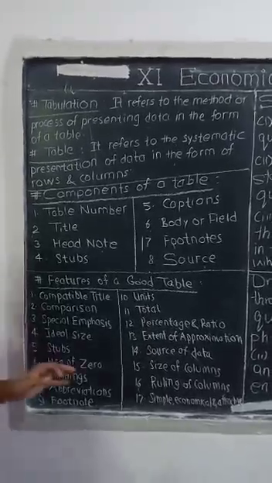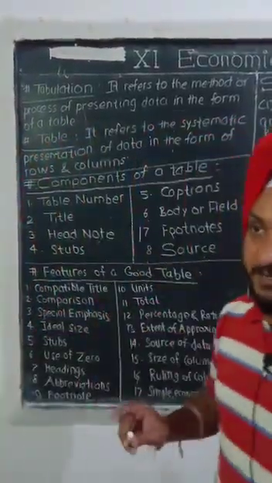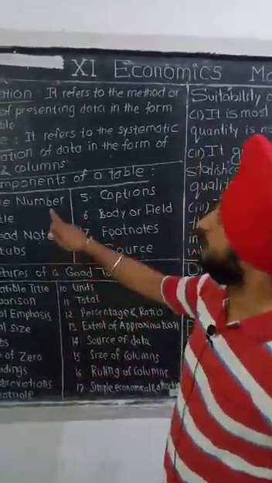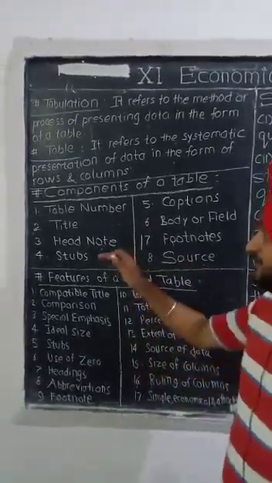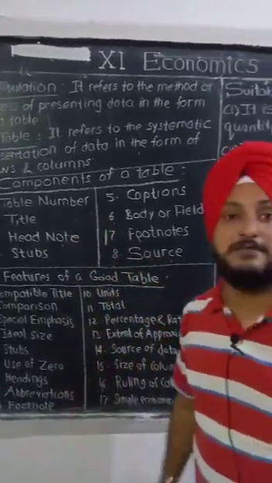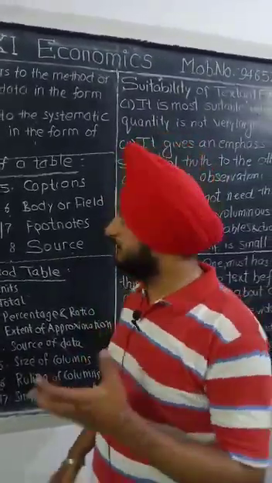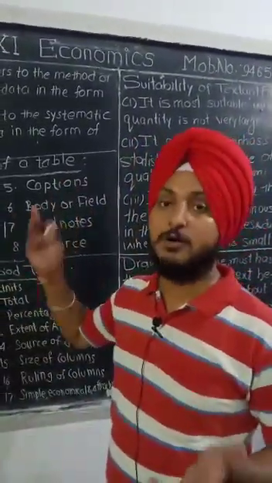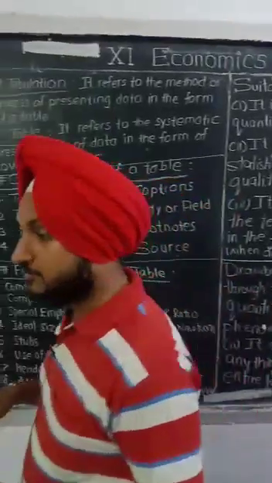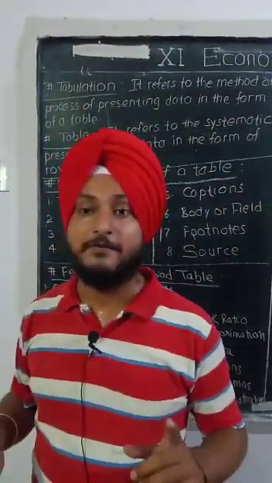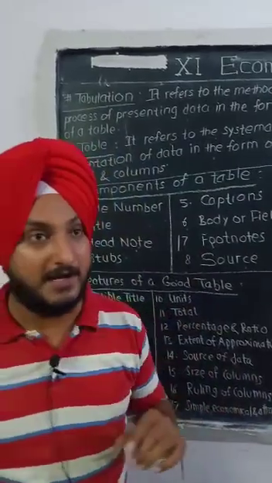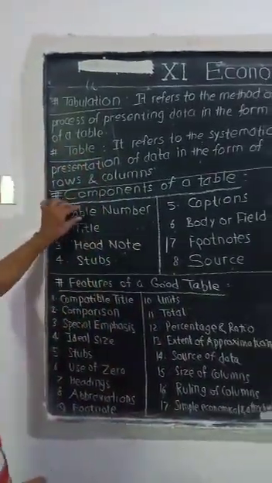Yes students, so now we are going to discuss the components of a table, meaning parts of a table. First of all, table number. This is one of the most important questions in the examination. Often it is asked as components of a table or format of a table. Point number one is table number. Whensoever you are going to prepare a table, a table number must be written at the top.